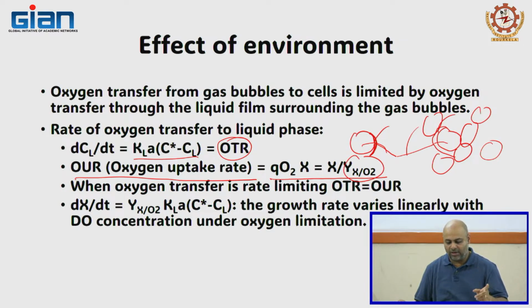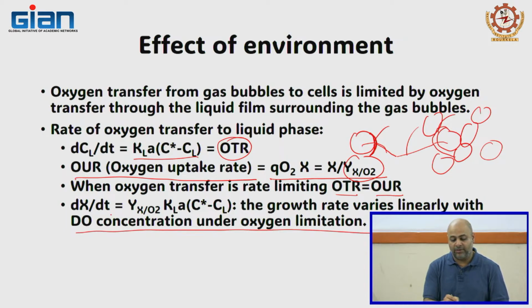So when oxygen transfer is rate limiting, your OTR is equal to your OUR, which means oxygen transfer rate is equal to your oxygen uptake rate. And this is the equation that you get at the very end. So the growth rate varies linearly with the DO concentration under oxygen limitation. These are just the conceptual parts that you should be aware of.